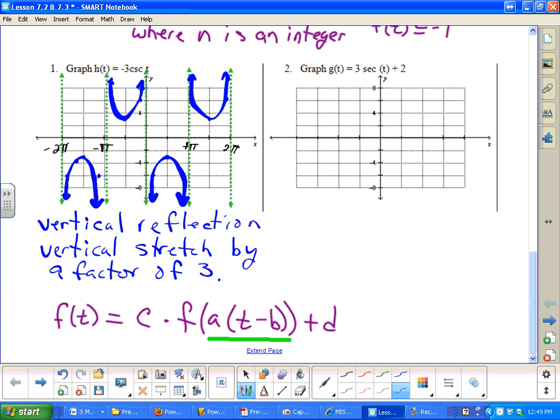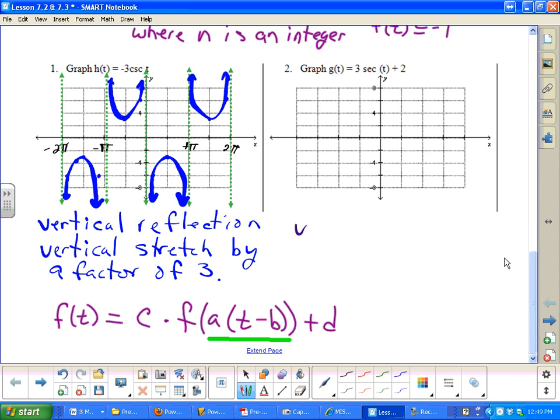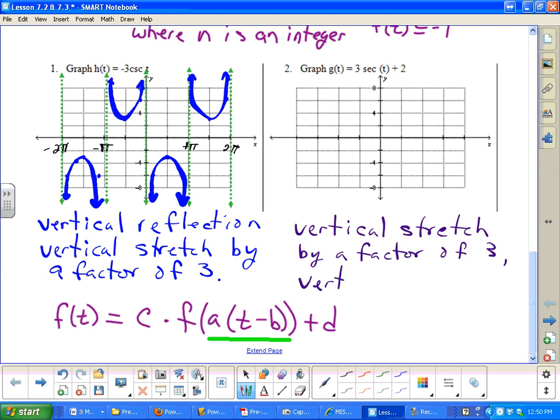So we have a vertical stretch by a factor of 3 and a vertical shift up 2.